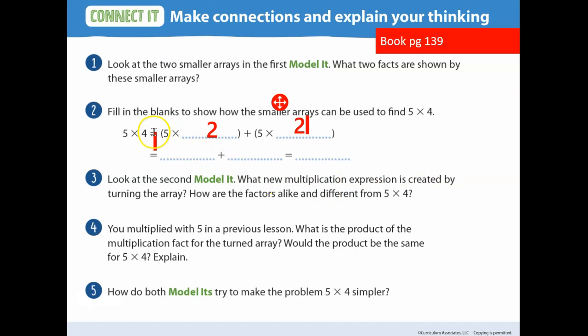So 5 times 2 is 10. What's also 5 times 2? 10. And then remember we added 10 plus 10 is 20.